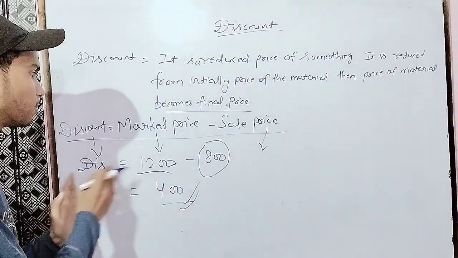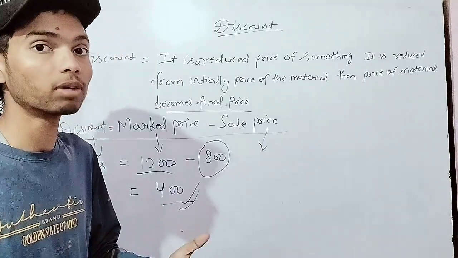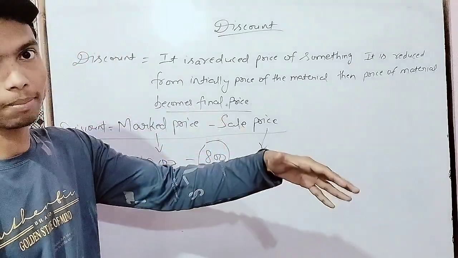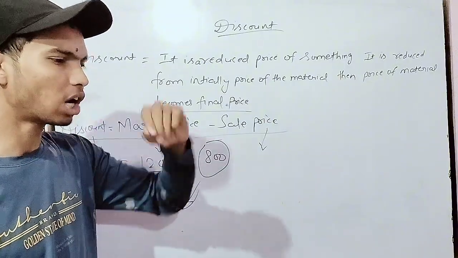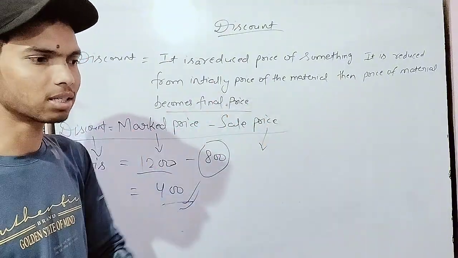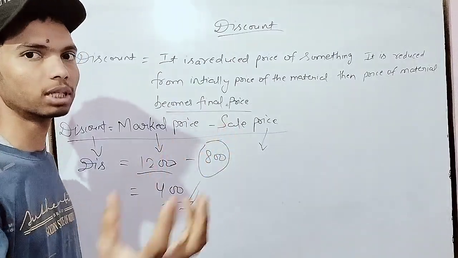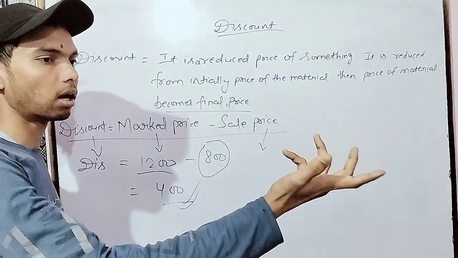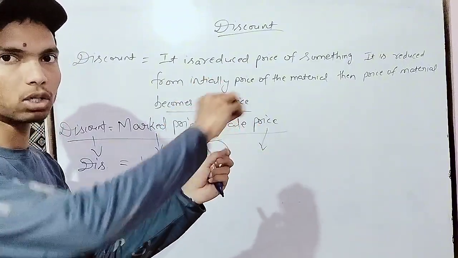So to find a discount, first we need to know the market price of the material. Then we see at how much price we purchased it. Then we reduce the sale price from the market price.